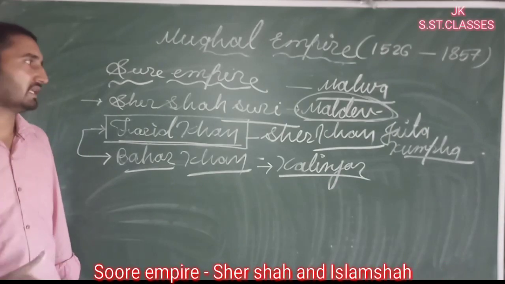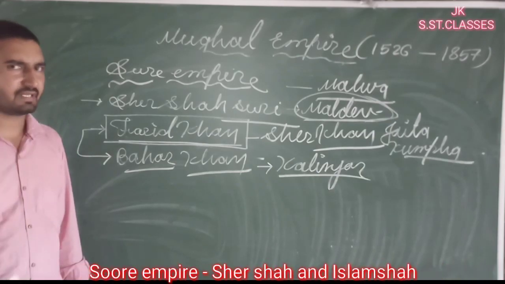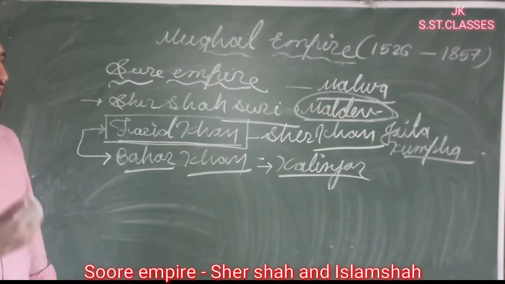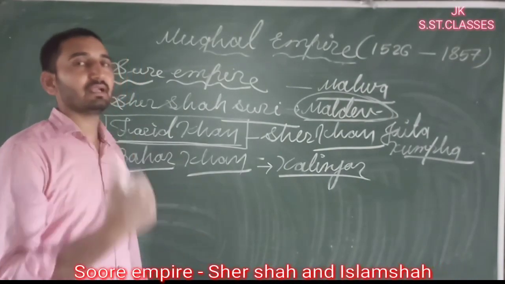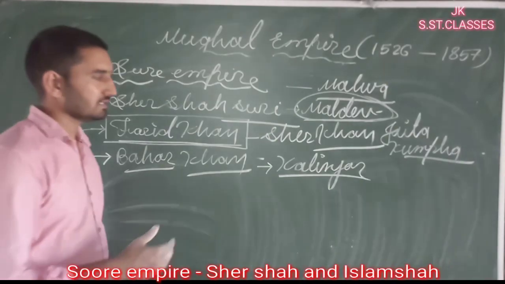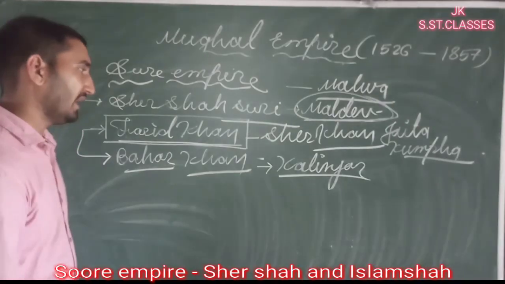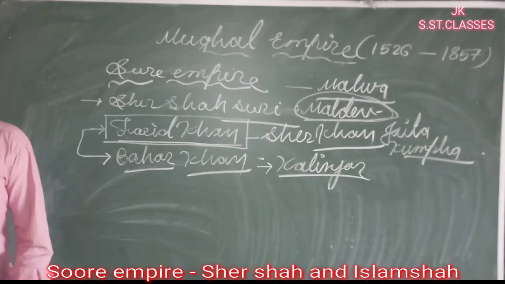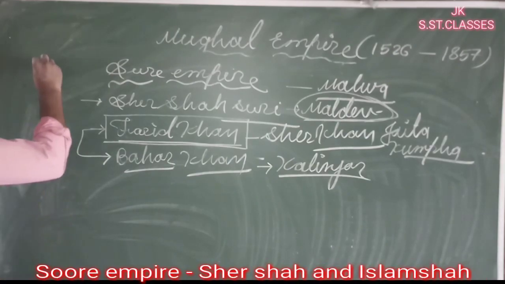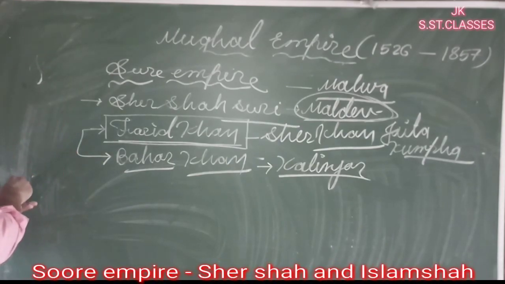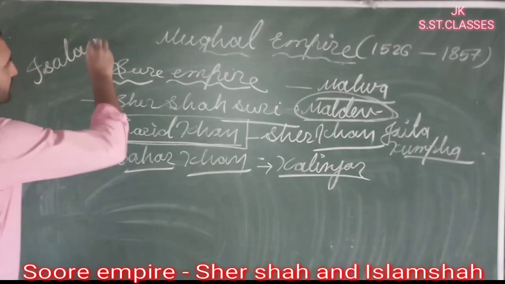Okay, so we can say that the rule of Sher Shah was completely filled with battles. First of all, he defeated Humayun, then conquered the region of Malwa, then Maldev, and occupied the region of Ajmer, Jodhpur and Mewar. Okay, and after that, during the Battle of Kalinjar, he died. Okay, after the death of Sher Shah, his son and successor Islam Shah became the next ruler.